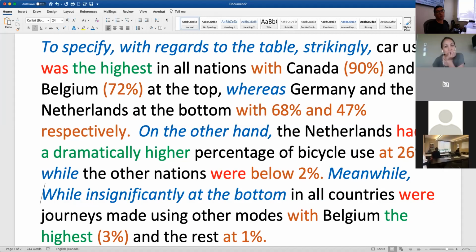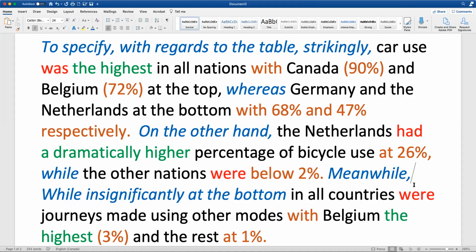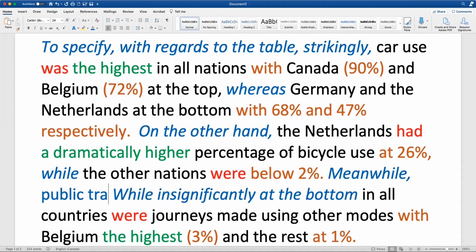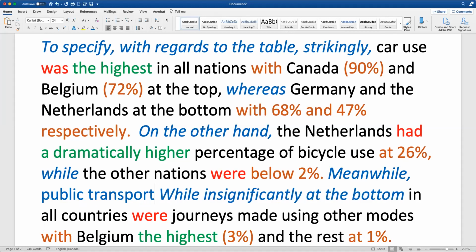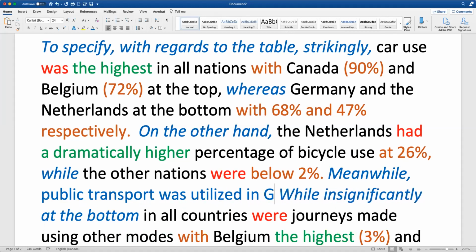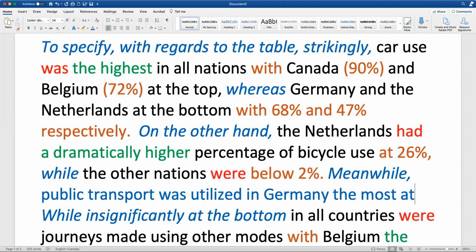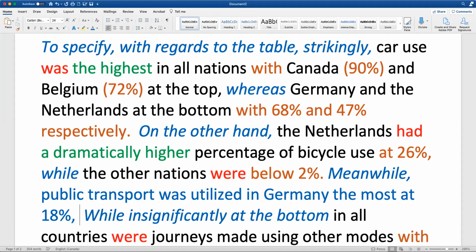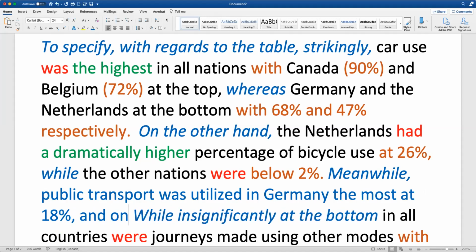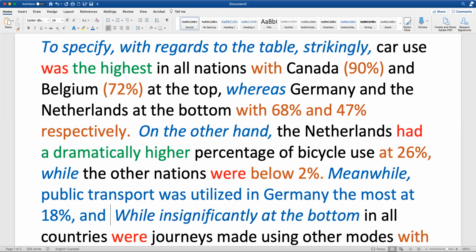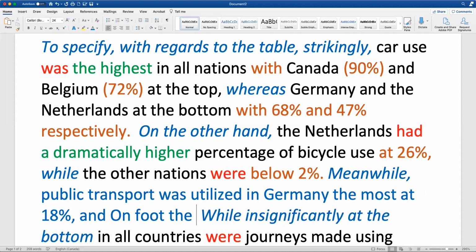Meanwhile, public transport was utilized in Germany. Meanwhile, Netherlands.